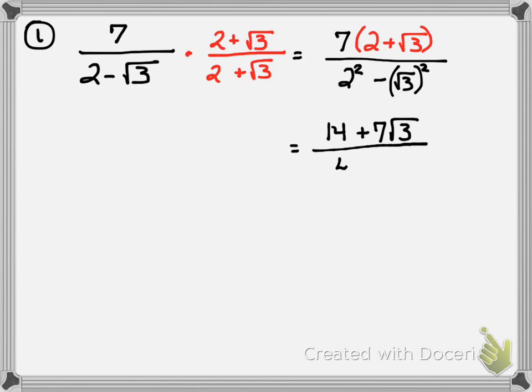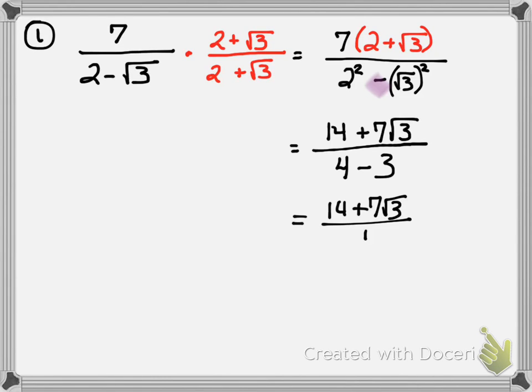And our denominator is going to be 4. This is always a minus sign here when we're multiplying by conjugates. Minus, what is the square root of 3 squared? 3. Just 3. And so 14 plus 7 on the square root of 3 divided by 1.